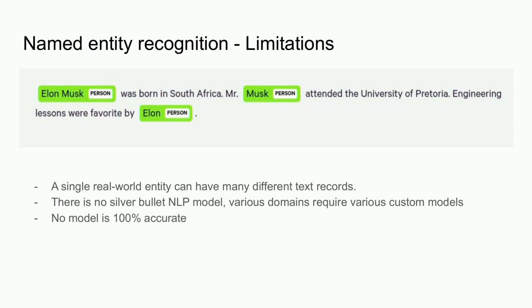And as mentioned before, the named entity recognition model depends on the domain or the intended application, and most open source models are trained on news or forum types of text.